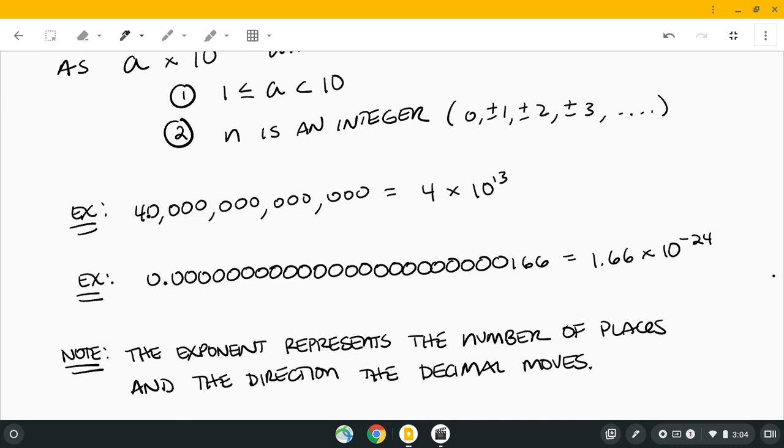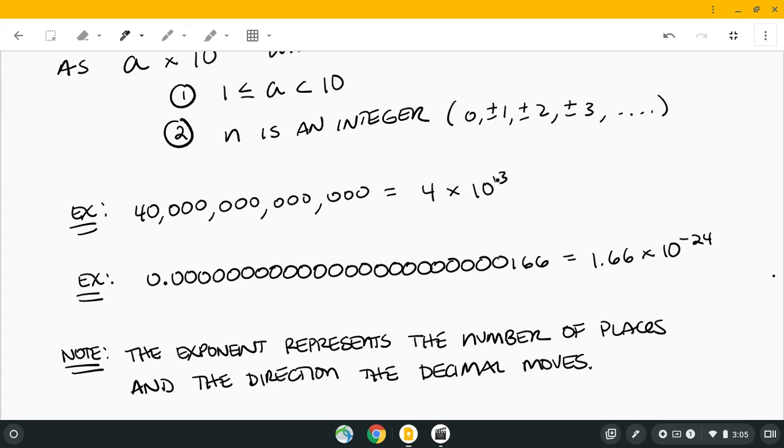And so we count to see how many times the decimal has to move. So if the original decimal point is right here and it moves 1, 2, 3, 4, 5, 6, 7, 8, 9, 10, 11, 12, and then one more, 13. So we see here it's positive 13. Okay. And remember, it's these numbers that are greater than 1, and this is quite a bit larger than 1.